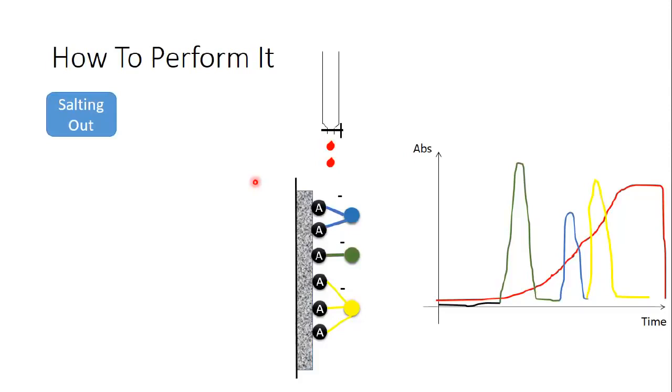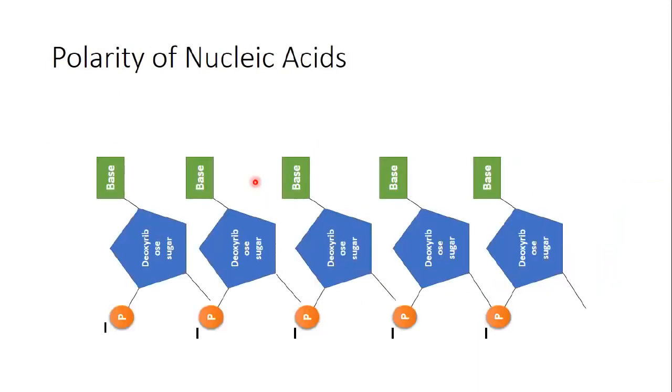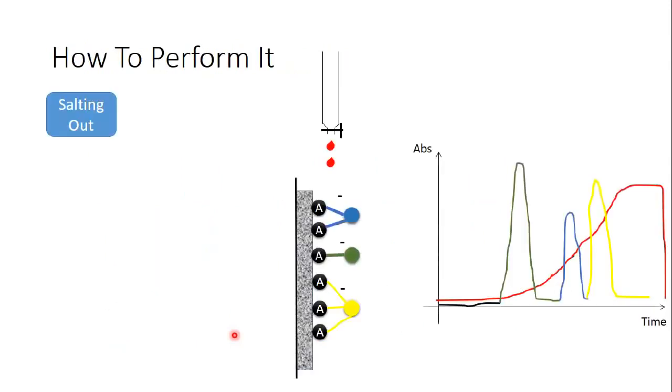This salting out can also be used when we are separating nucleic acids. Why? Because nucleic acids are negatively charged. This is a nucleic acid chain. It has deoxyribose sugar, a nitrogen base, and a phosphate group. So nucleic acids are always negatively charged. But nucleic acids have different chain lengths.